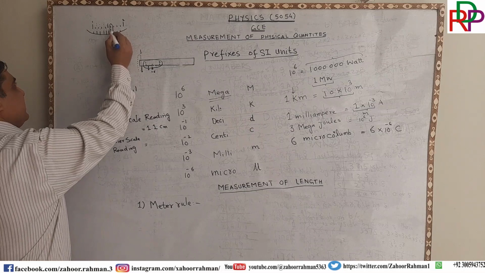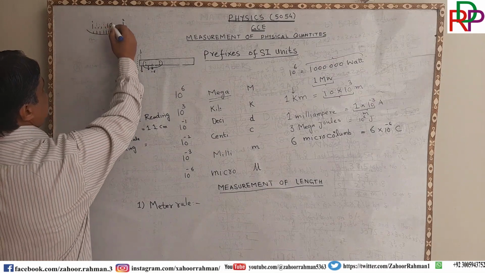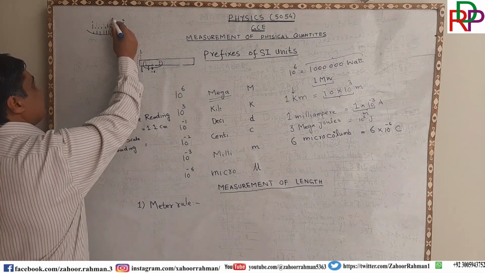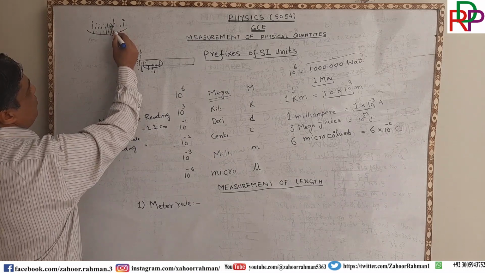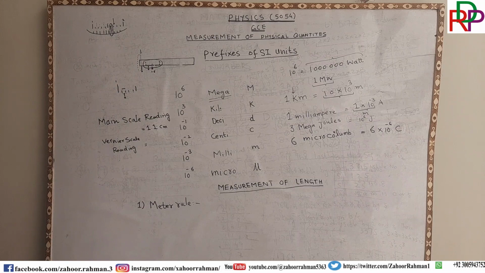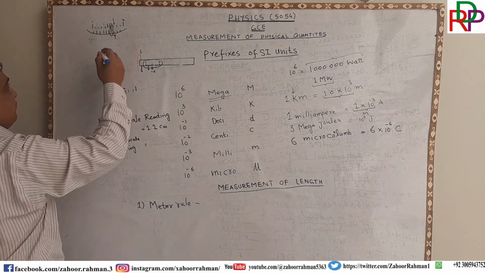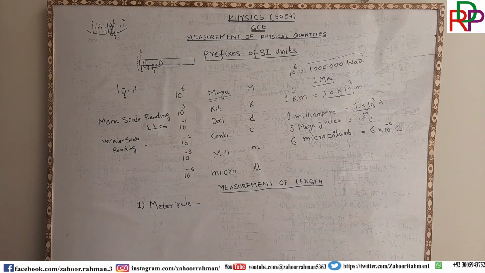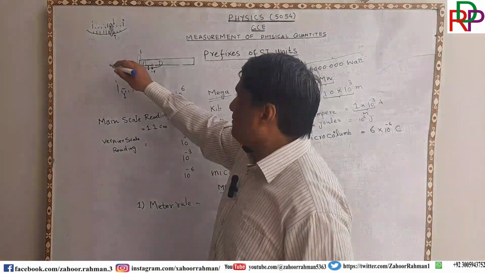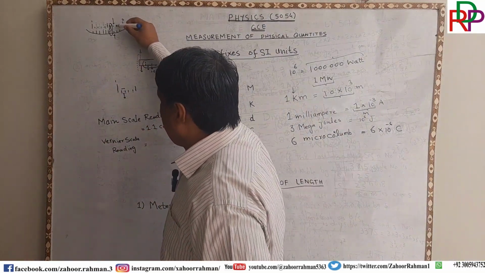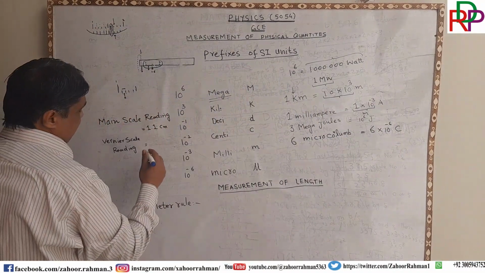But you can see that these coincide. In my mind, this one is correct, not this one, because this is more straight with each other. So it means that the 8th division of the vernier scale is exactly in coincidence with one of the graduated marks on the main scale. So that is your vernier scale reading.